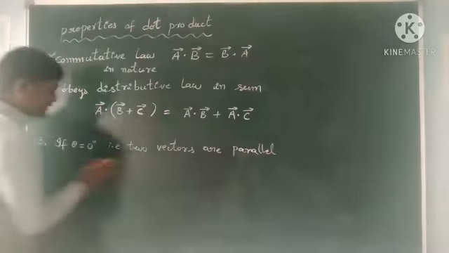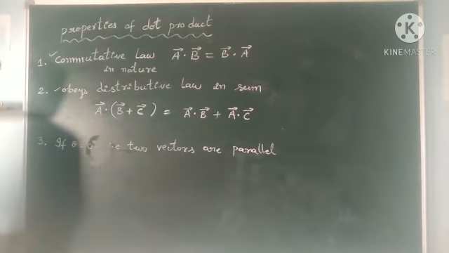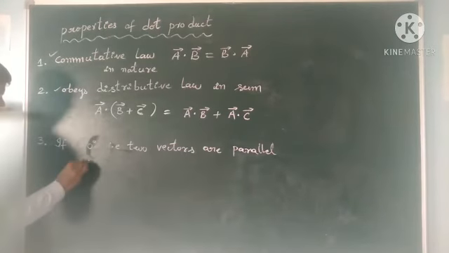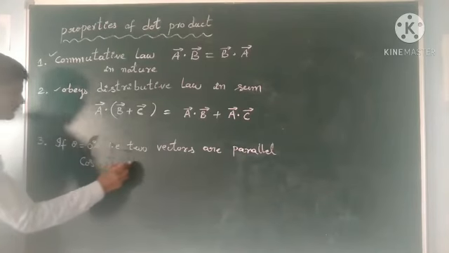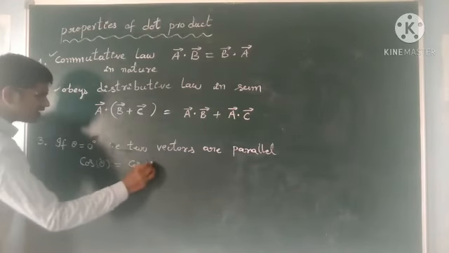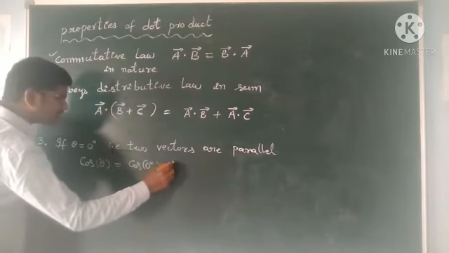So A bar and B bar are parallel to each other, in the same direction. Then cos 0 degrees, we know, is equal to 1.